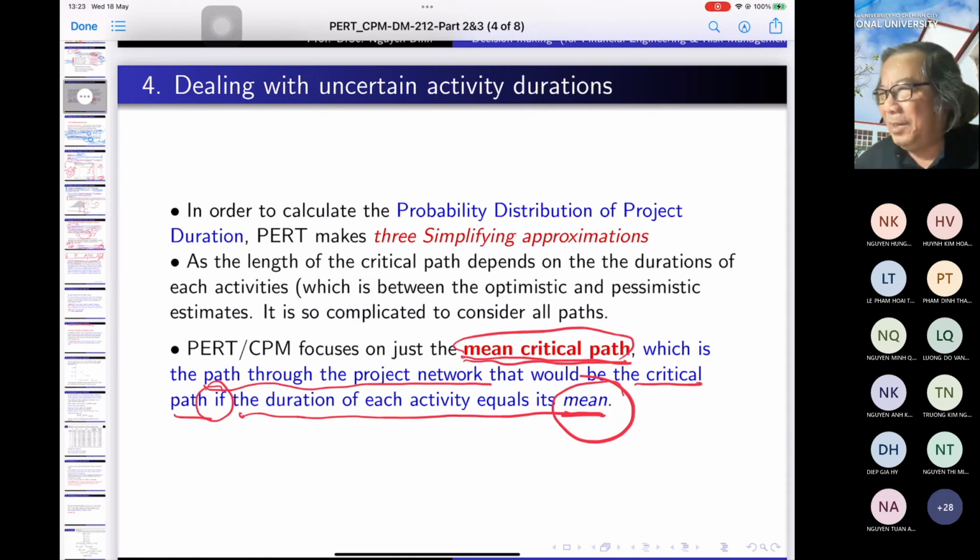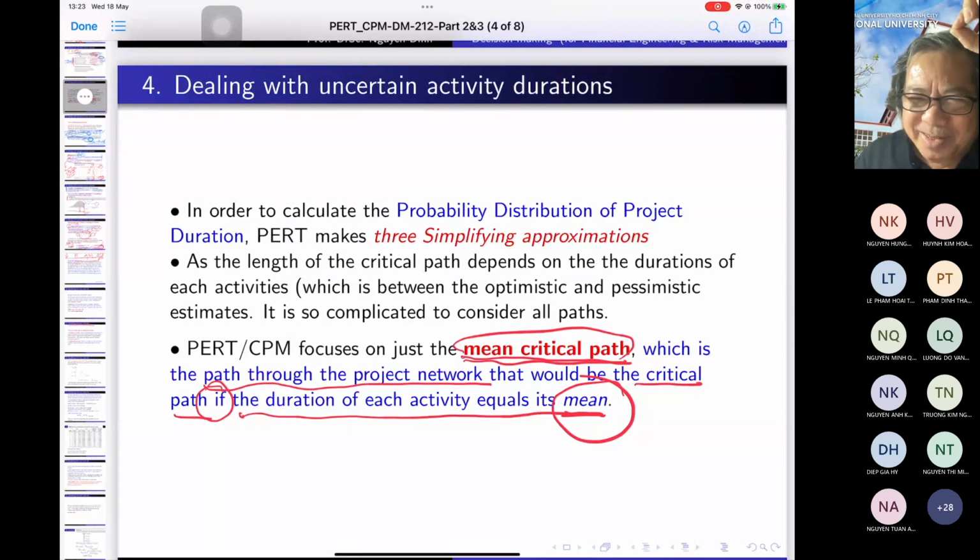But if you look at our chapter PERT and CPM, we also have a network. From the start to the finish, you have a network like this. And one of the very important things here that we find out is the critical path.